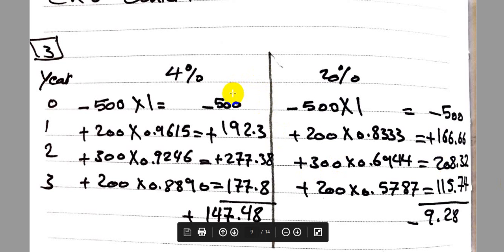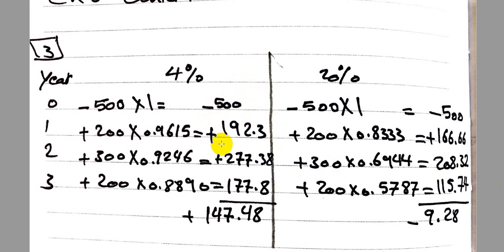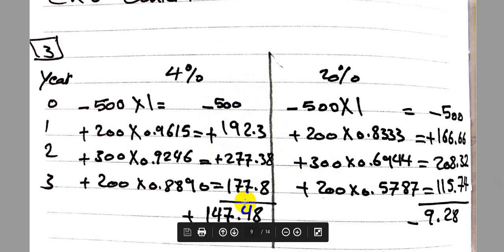As you can see here, our 500 initial investment has these amounts to be deducted from it in order to find the net present value of the project at 4%, which here is 147.48. And at 20%, the net present value of the project is minus 9.28.